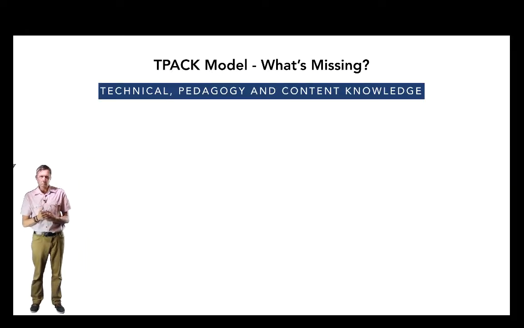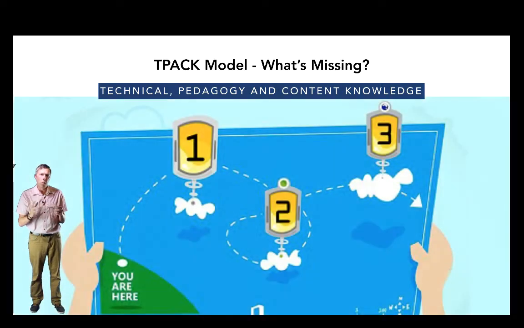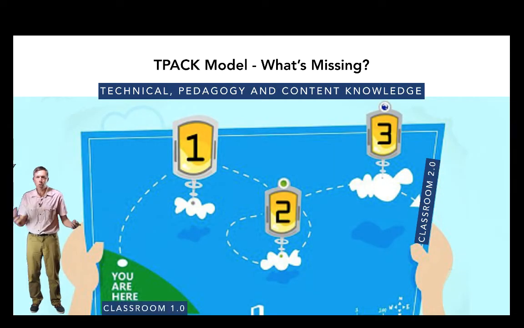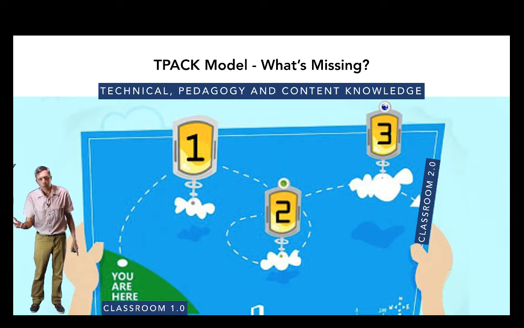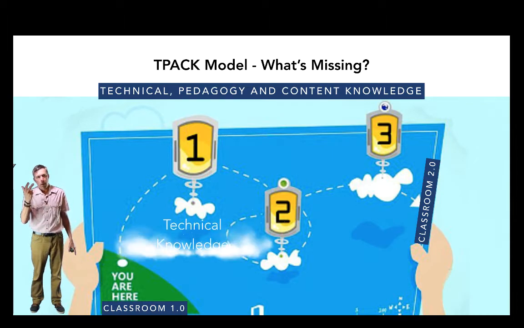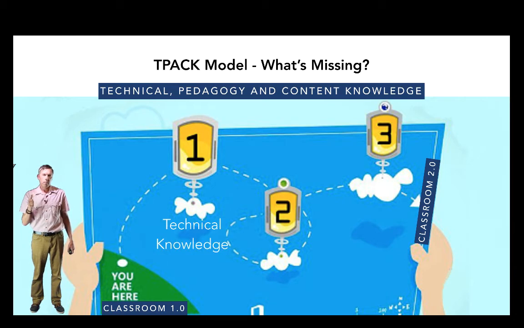There is a model called the TPACK model that tries to understand what are the components that are necessary for us to use technology in our teaching. So how do we move from what might be called classroom 1.0 to classroom 2.0, from a traditional classroom to a technology classroom? Well, there's three things we need. Number one is technical knowledge. Now, increasingly, we have that.